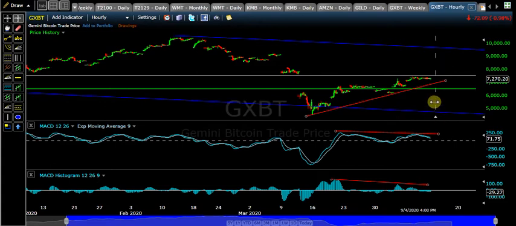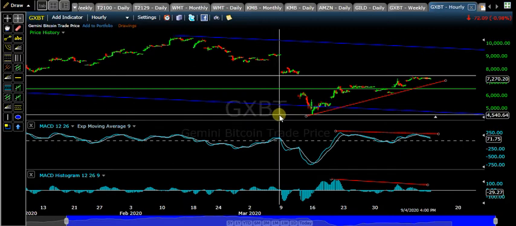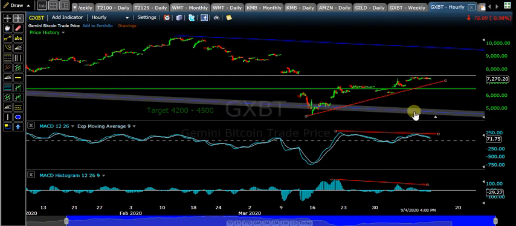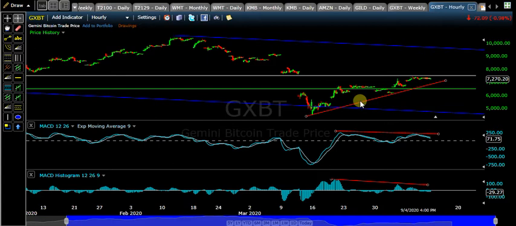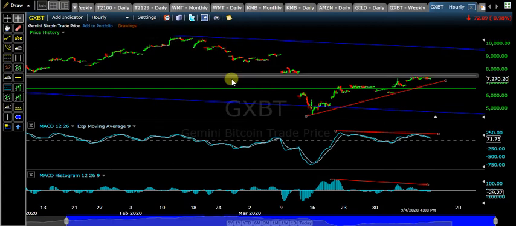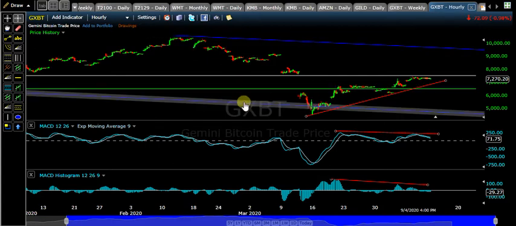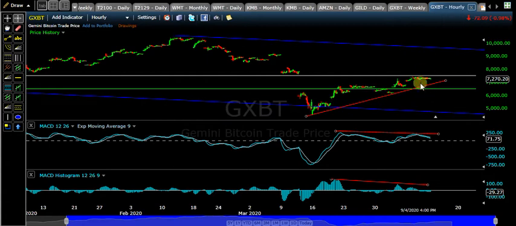So I'm expecting from here another drop to possibly test this level again, this 4,500. I'm thinking it will drop to roughly around the 4,000 to 4,500 level before it ends this entire correction that's encapsulated in this blue trend, and price moves higher.